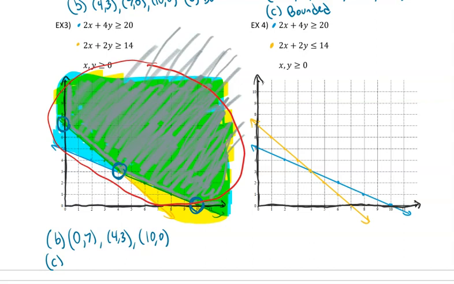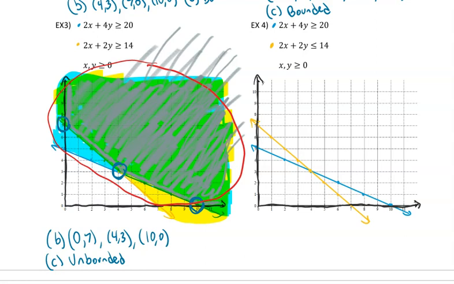So we can't contain this shading in a circle. Because of that, we call it unbounded. Another way to think of it is this shaded region just keeps going forever. And if it keeps going forever, then it is unbounded.